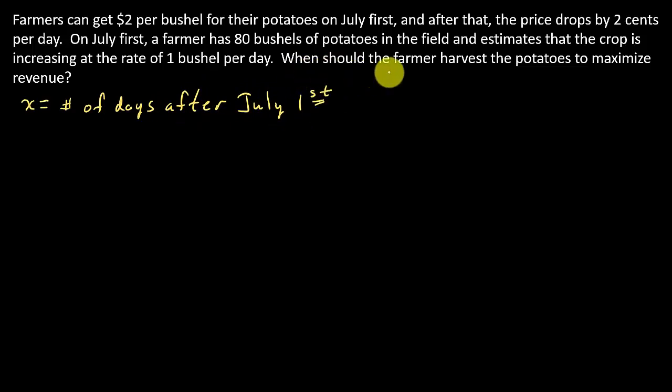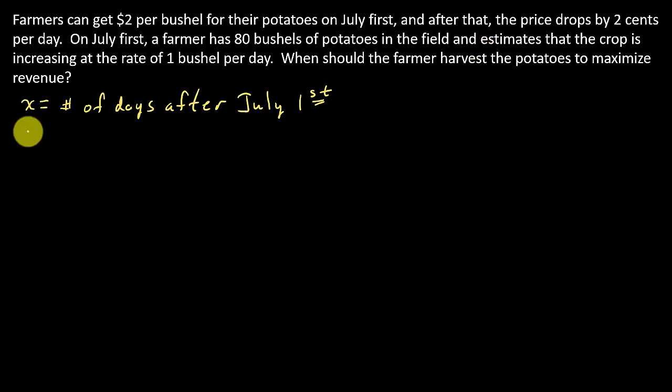Because they're asking when should the farmer harvest the potatoes. So the information they're giving us is based on July 1st, and so we're going to look to see how many days after July 1st we need to harvest the potatoes to maximize revenue.